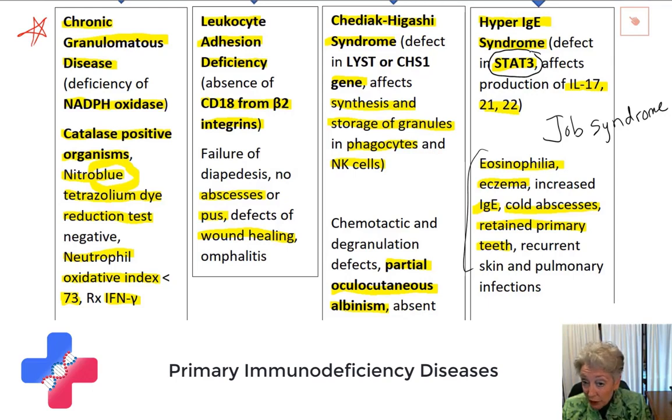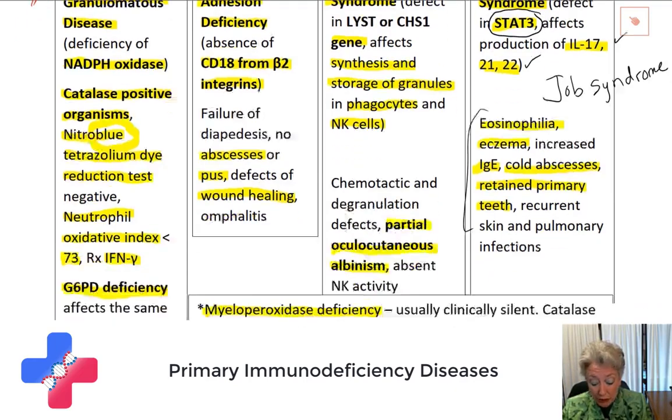I have never heard of them asking of Job syndrome, and quite frankly, if I were going to construct a question, I would tell you what the problem is, namely the failure of ability to produce those cytokines, and then make it a question about how do those cytokines work rather than one about making the diagnosis.